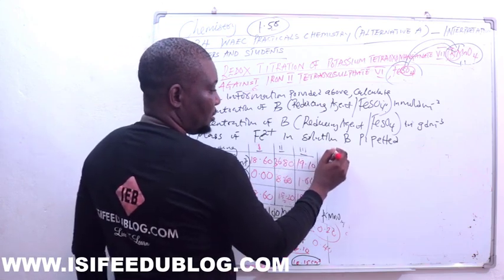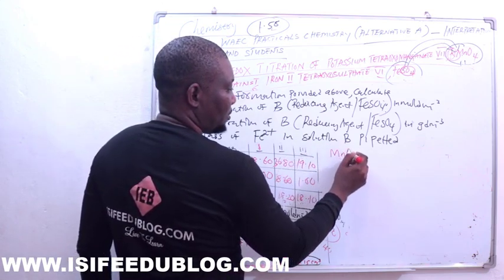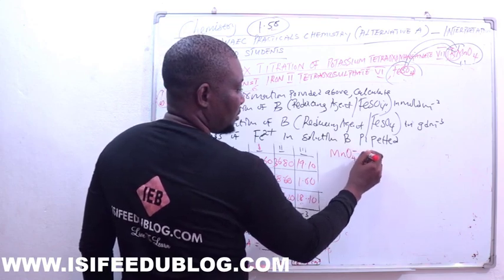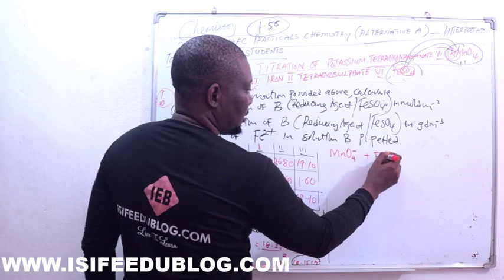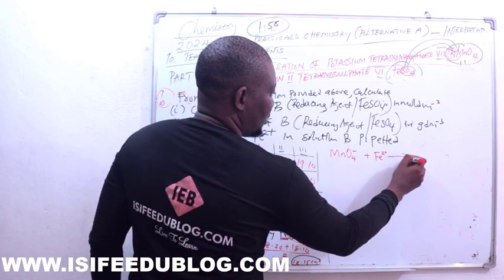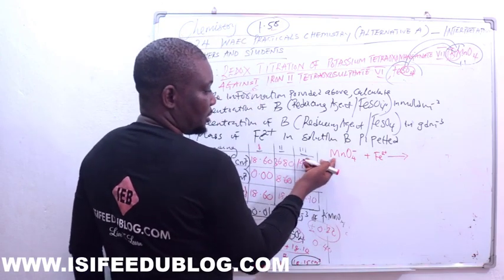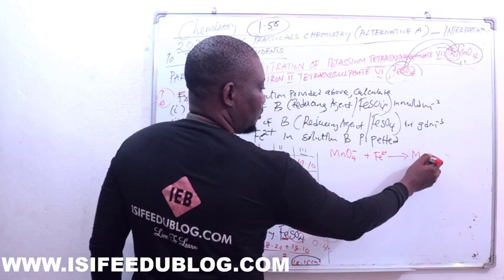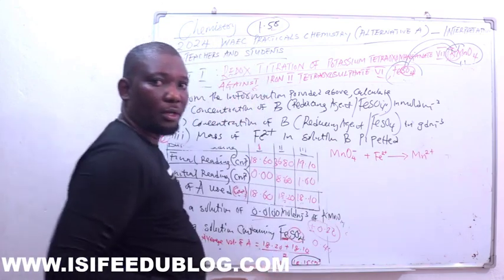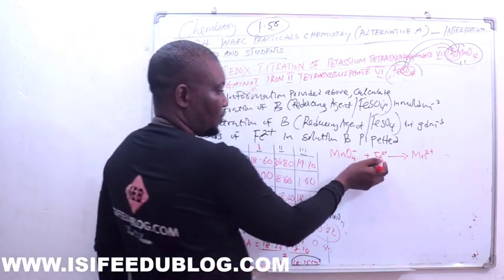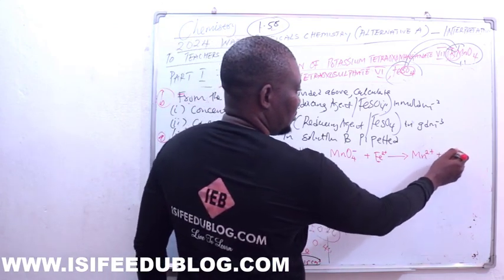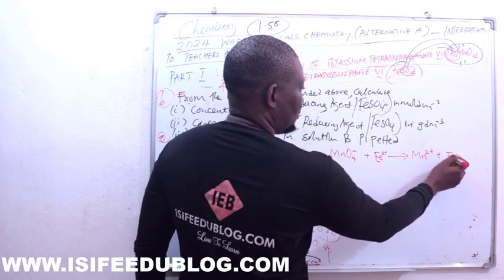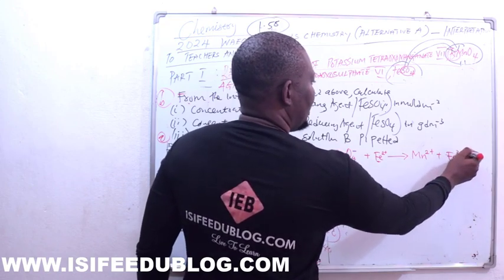So we have MnO4 minus plus iron 2. Remember that this changes from manganate 7 to the lowest state, manganese 2. This is what changes from the lowest state of iron 2 to the higher state of what? Iron 3.